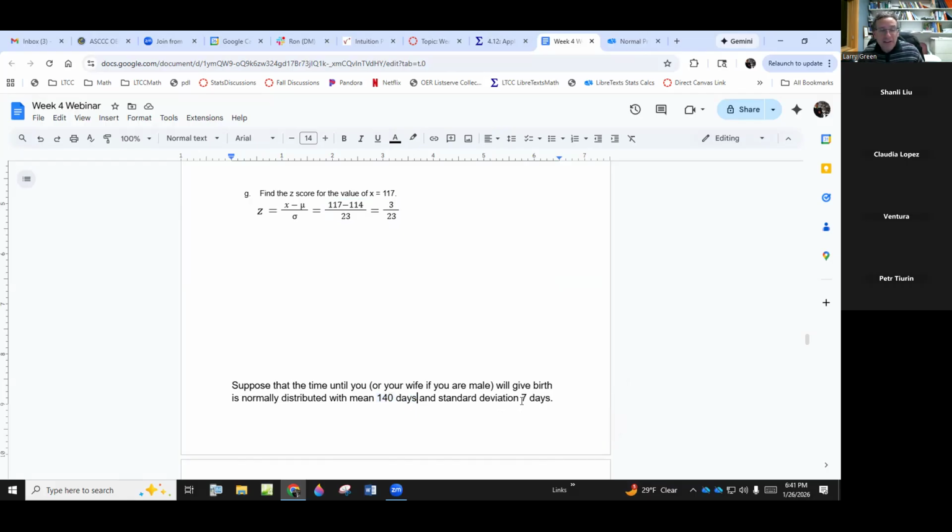The standard deviation is 7 days. The interesting thing is it is normally distributed. It actually used to be normally distributed, but it isn't anymore. This isn't math, but any guess on why the distribution of birthdays is not normally distributed anymore? There is a reason.